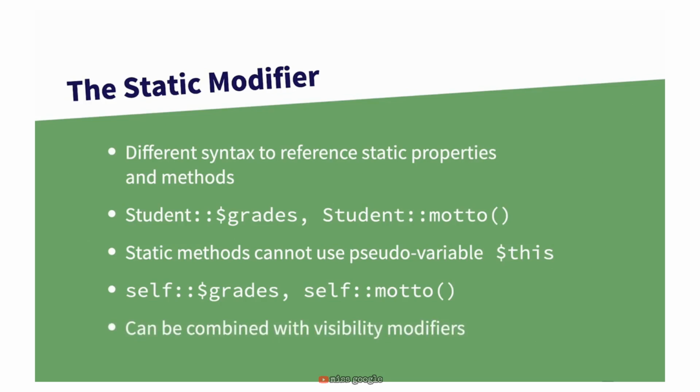Part of the reason that's important is that we can also combine the static modifier with our visibility modifiers. And if we make a property or a method public, it's going to be available both to Student:: and to self::. But if we make it private, then we can call it from inside the class using self, but we will not be able to call it from outside the class using Student.